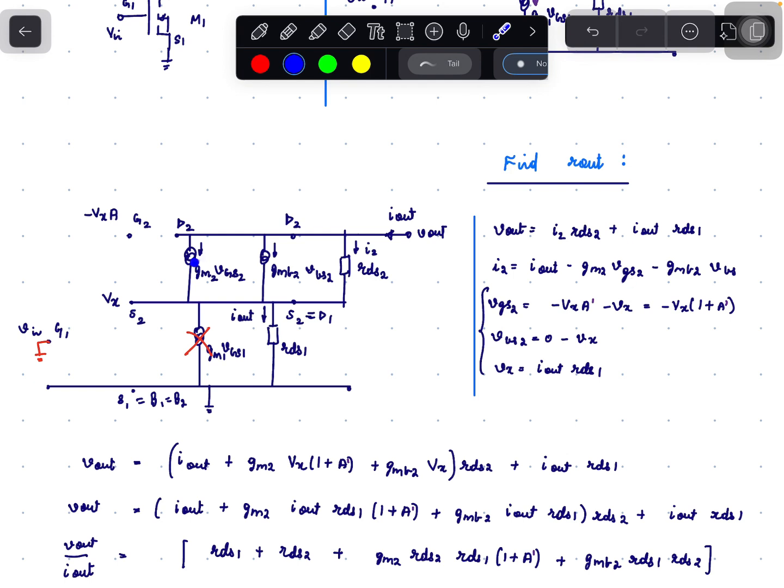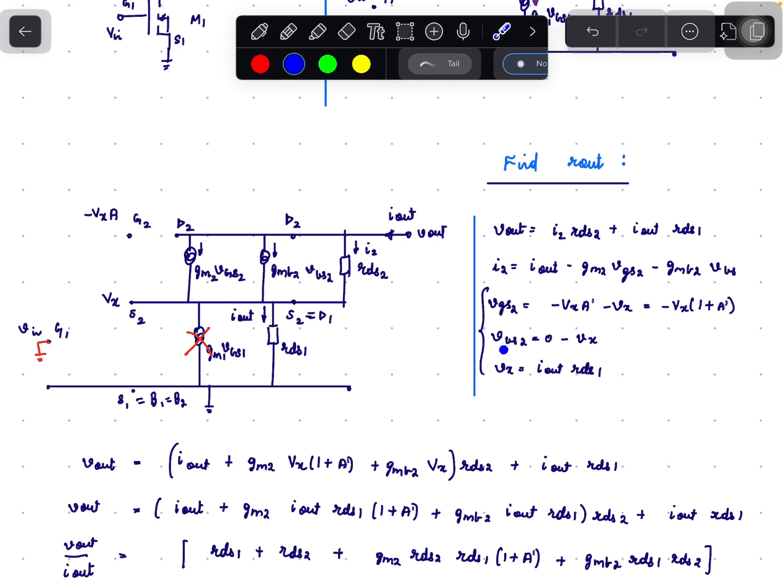So what is VGS2? VGS2 is gate voltage G2 minus source voltage S2. Your gate voltage is minus VxA dash, and source voltage is Vx. So VGS2 is minus VxA dash minus Vx, which equals minus Vx times 1 plus A dash.